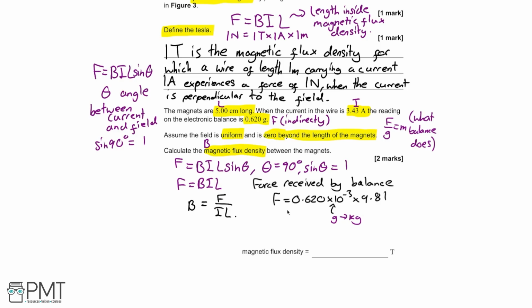Therefore, since we know that the force exerted on the balance is the same in magnitude as the force exerted on the wire, we can plug this value of F into our expression for B as 0.620 times 10 to the minus 3 times 9.81, divided by the current, which is 3.43 amps, multiplied by the length, 0.05 meters, which is 5 centimeters times 10 to the minus 2.